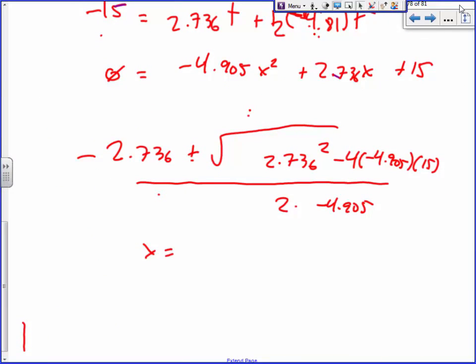Do you guys get a second value? A positive one? I got 2.67. Anybody else? I'll try mine again here. So negative A minus the square root of A squared minus 4 times 15, divided by 2 times negative 4.905.